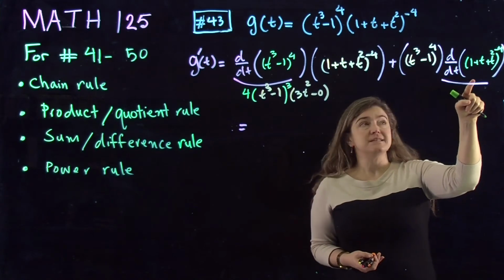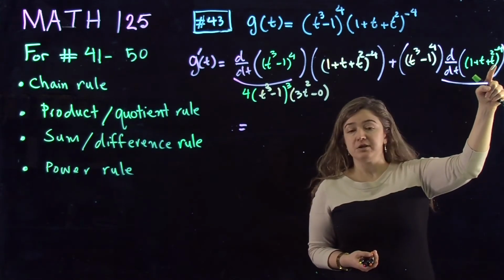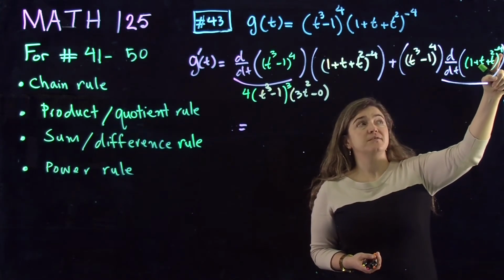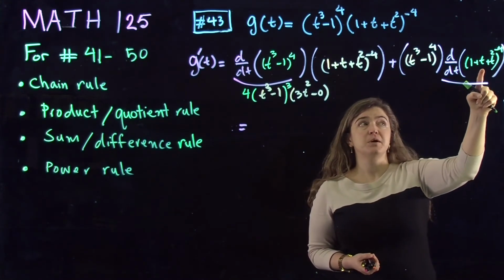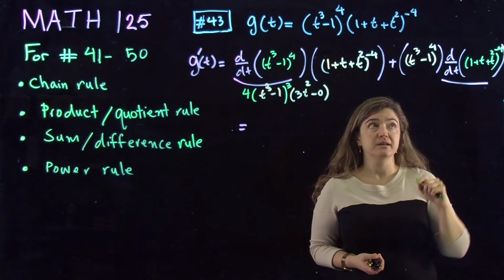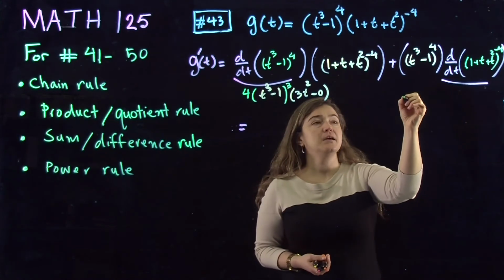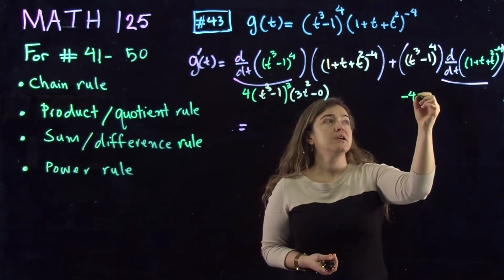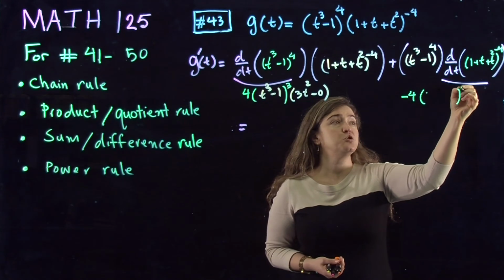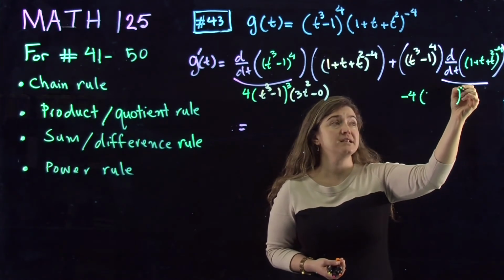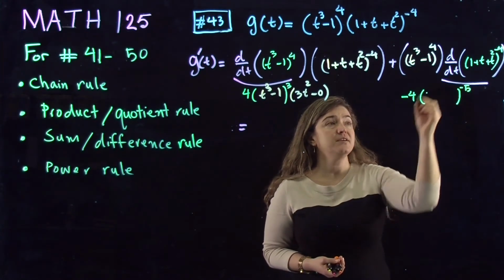Also, I need to replace this one, and this one is another chain rule, whose outside function is to power negative 4, and inside function is 1 plus t squared. Replacing that, it would be negative 4 times parentheses to power 1 less, minus 4 minus 1, minus 5.